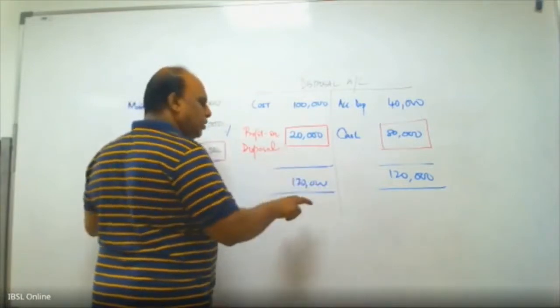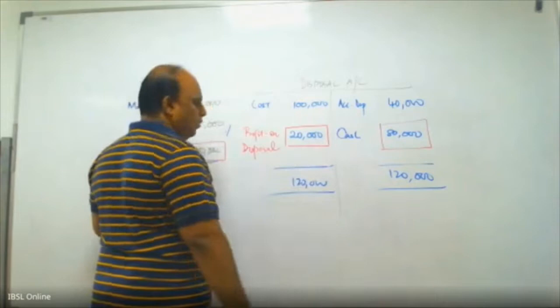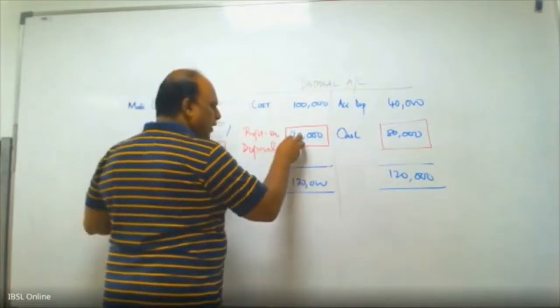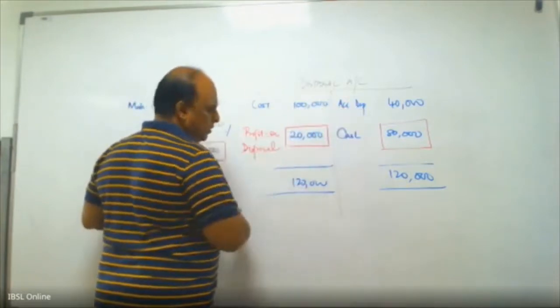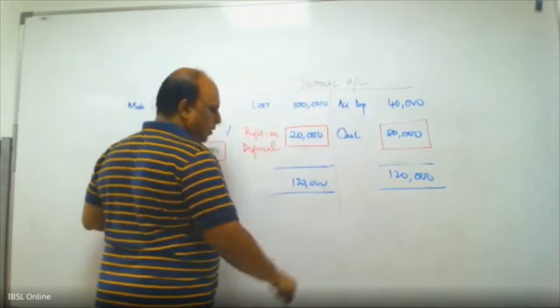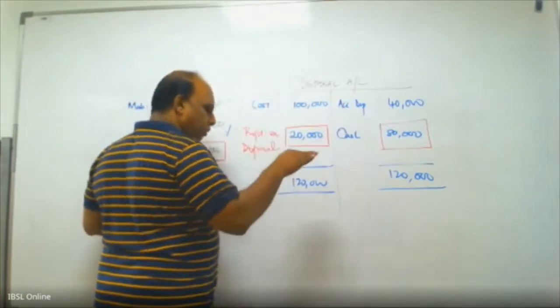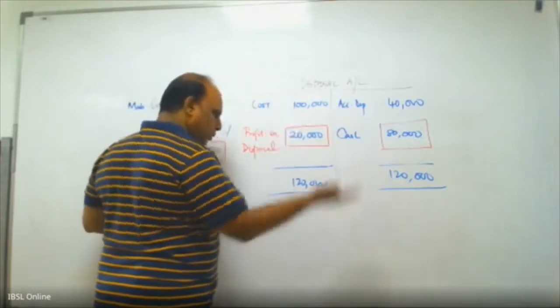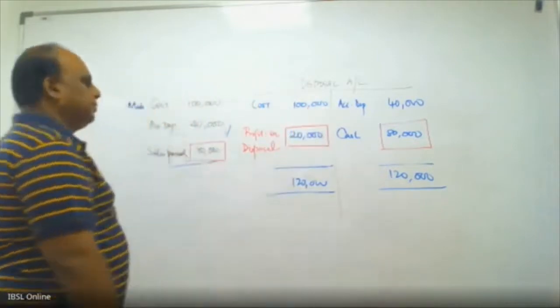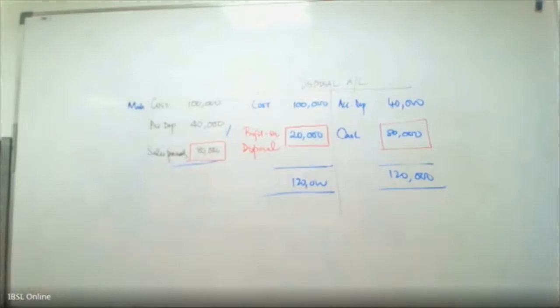If it's a loss, you have to add it back. Why? Because of this profit, your profit is overstated, so I need to bring it down. If there was a loss of 20,000, then your profit is understated, so I need to bring it up. Okay, so that is all about the adjustments that you do.